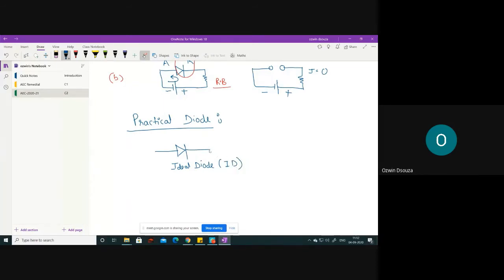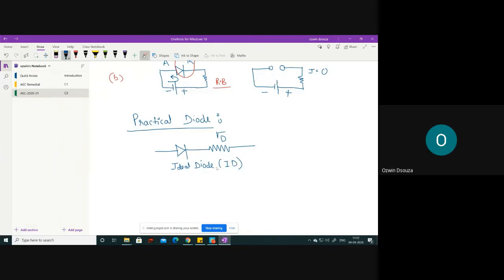Along with the ideal diode, there will be some resistance associated. This is called the diode resistance, let us say RD. It is also called the dynamic resistance, RD.